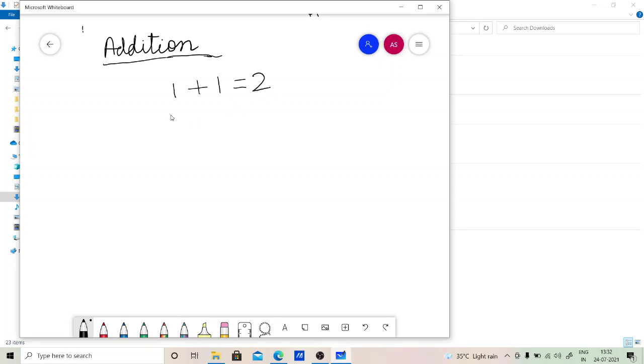Because when the need arose in our past that two things were there and they had to be clubbed together, well, it was not convenient to write, like if I have five bananas or five apples, I would just say I have one, one, one, one, one.